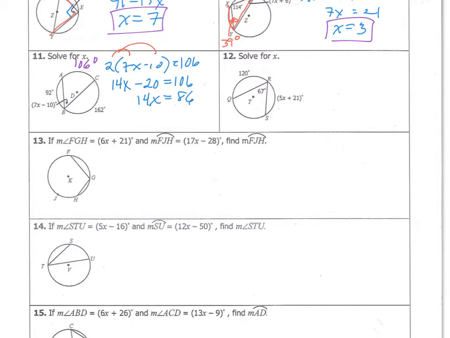Oh, I needed to add. Whoops, I knew something was up. So what'd you get for x? 9. Very good. 9 is correct.